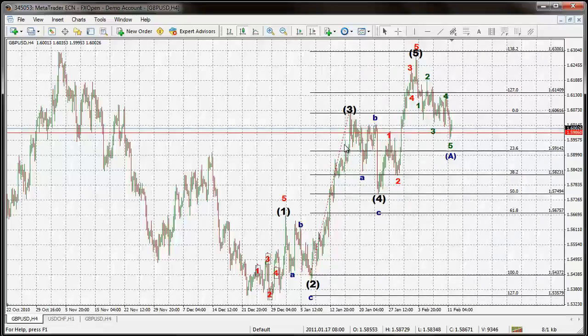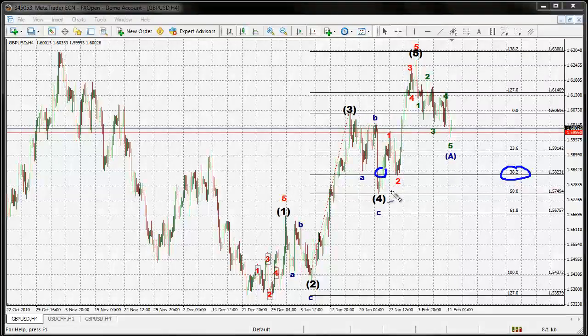Here is the 38.2 retracement, and I was expecting wave 4 to be there, but it extended down to the 50 area, which is still fine because wave 4 never fell into the price territory of wave 1. Once I drew wave 1 and wave 2 out, and wave 3 was formed, I know my wave 1 is in the right place because wave 4 never went into its price territory.